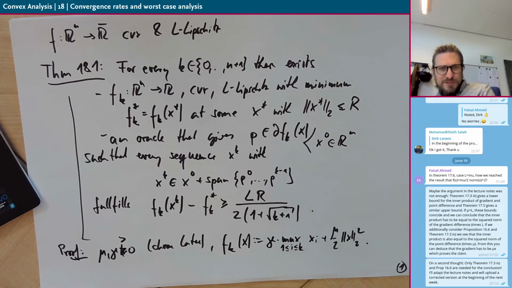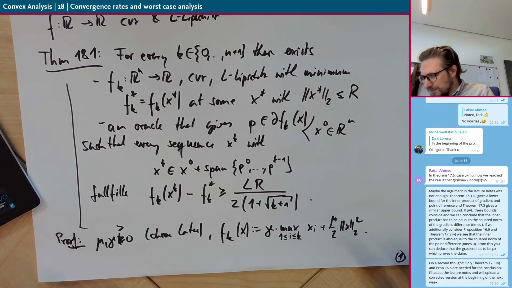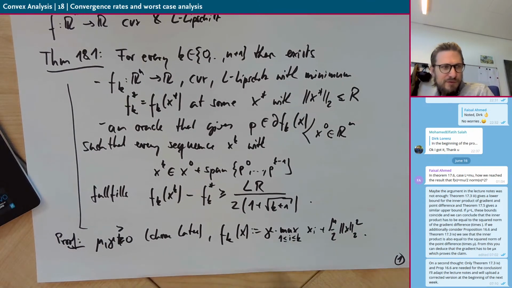So this is a function which is kind of difficult for all methods which move into directions of subgradients. For some reason, it was hard for me to visualize how this function looks. And here I have a visualization for you. I can show you the level lines of the function for some values of gamma and mu.